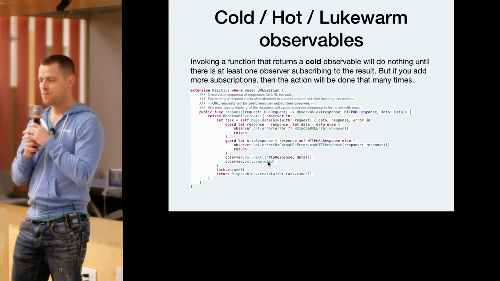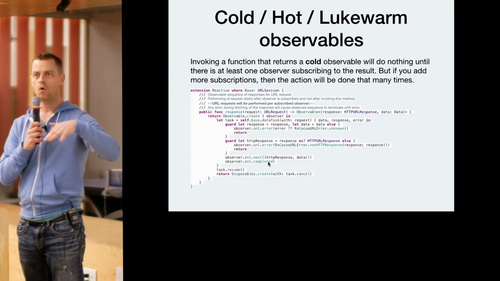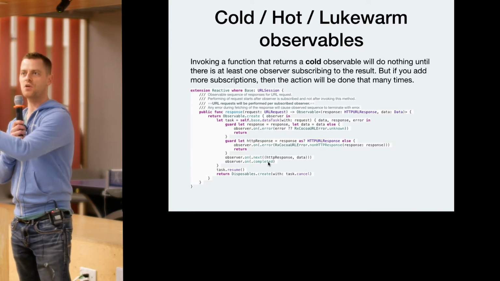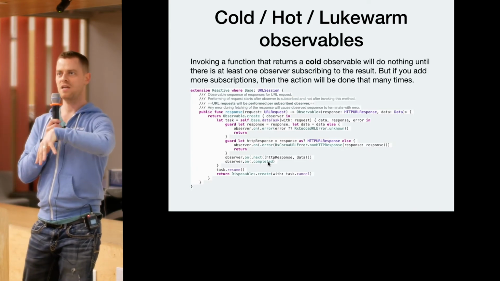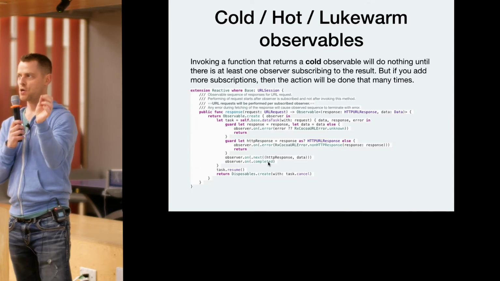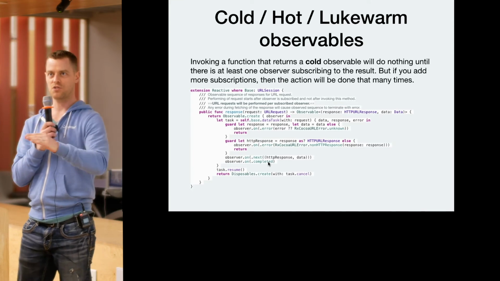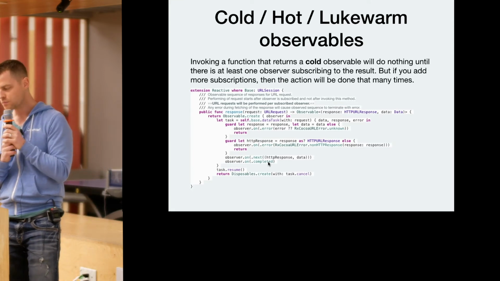So if I'm doing a network call and I want my whole app to update, maybe I make a couple subscriptions to that: my main UI, the sub UI, my master, my detail. Per subscription means that many network calls are happening if I just straight up use this cold observable.